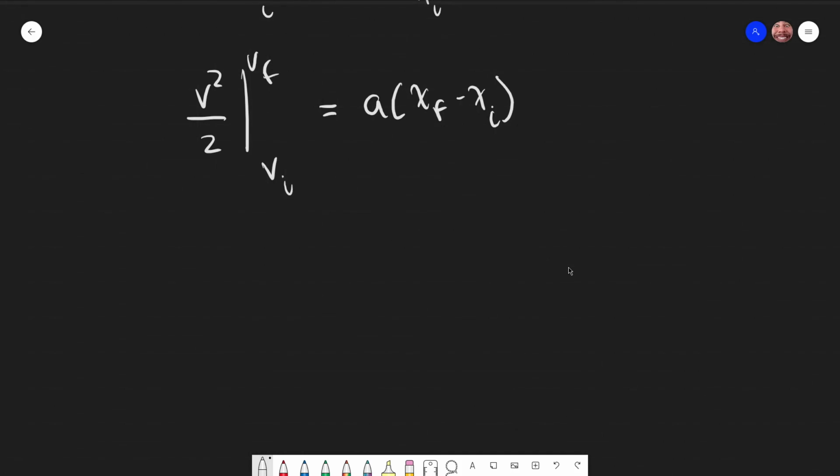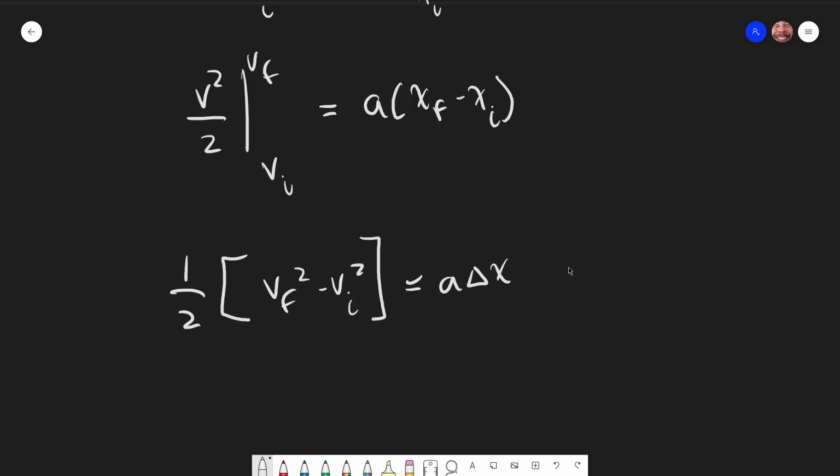Finally, we can rewrite this as 1/2 factored out from vf squared minus vi squared equals a times change in x.